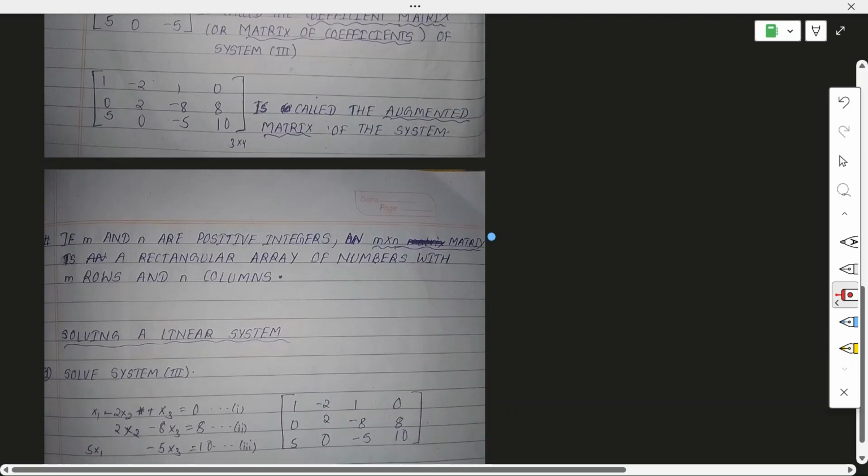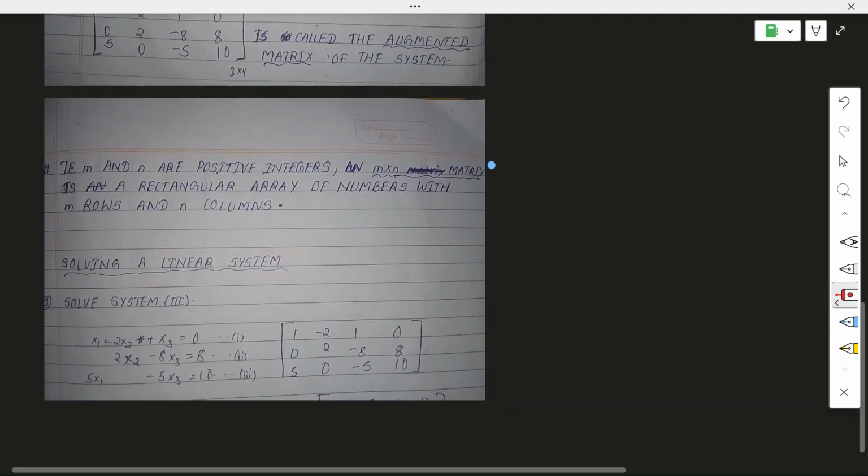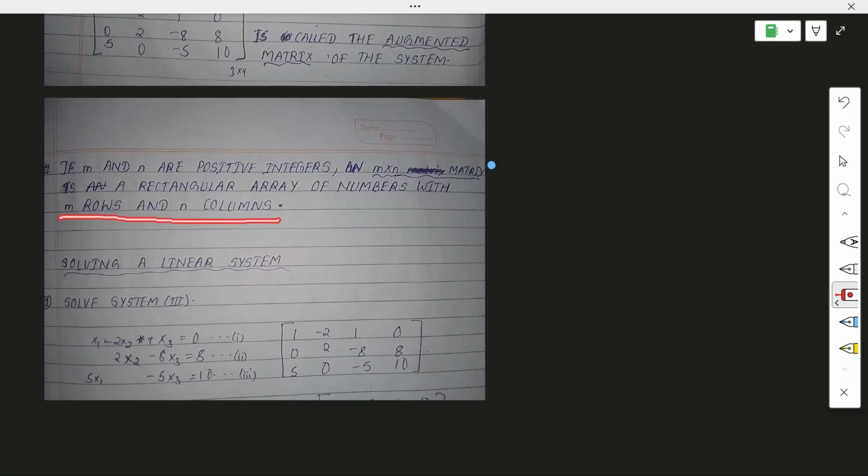Basically, augmented means glued. They are separate parts, but they are glued or mixed together, so they are called an augmented matrix. And if we exclude this part and keep only this part, we call it the coefficient matrix. If m and n are positive integers, an m by n matrix is a rectangular array of numbers with m rows and n columns.